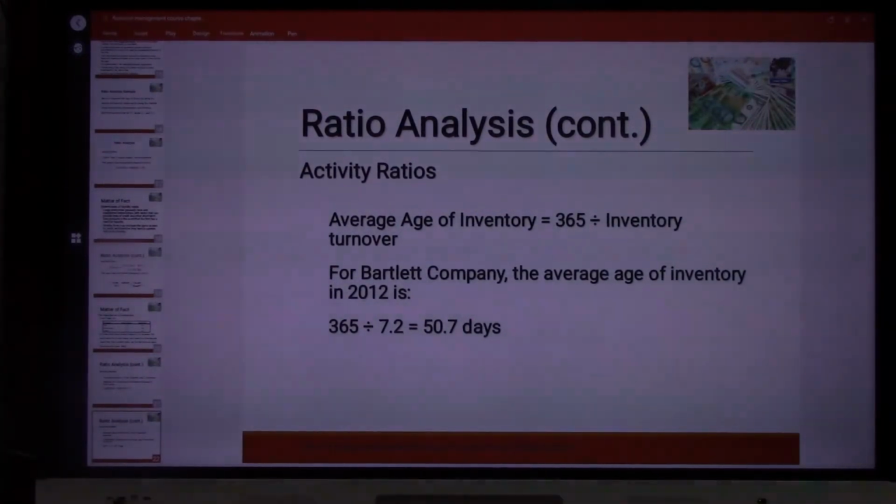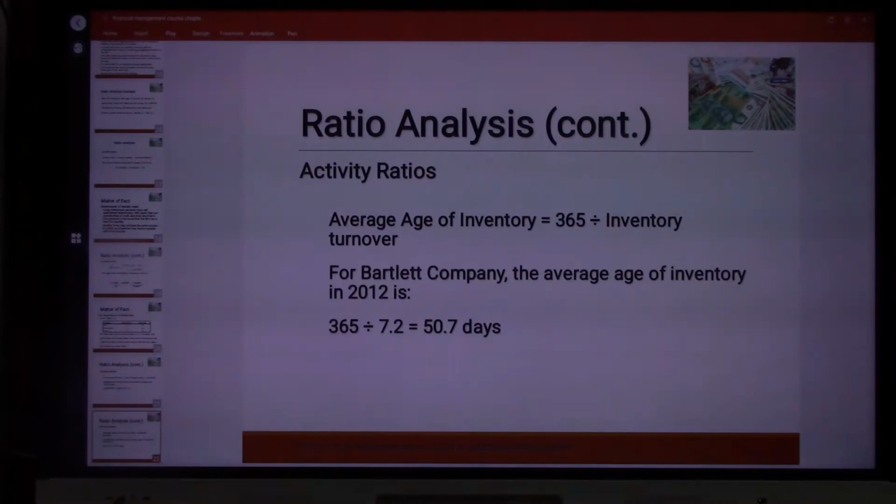In this case, we must calculate what we call average age of inventory. Average age of inventory is equal to 365 divided by inventory turnover.